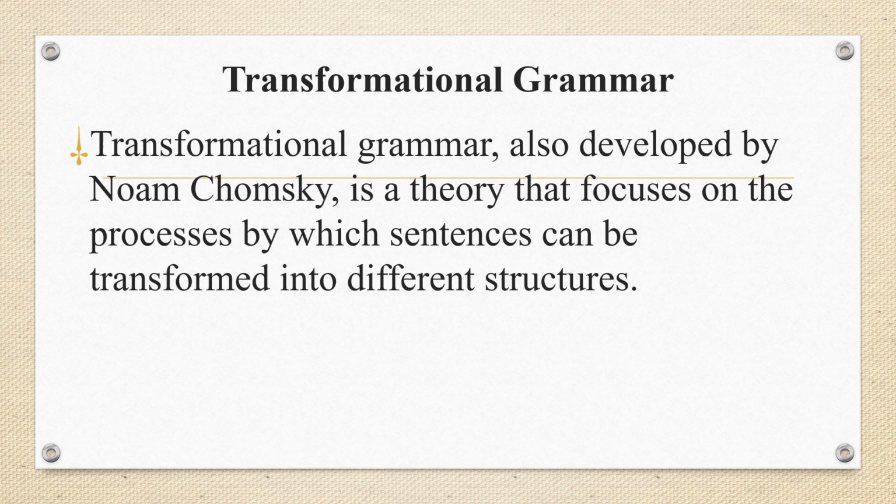So active to passive, John read the book in the active form is transformed to the book was read by John in passive. George saw Mary is transformed to who saw Mary or whom did George see in a question form. I want to go is transformed to I do not want to go in a negation.